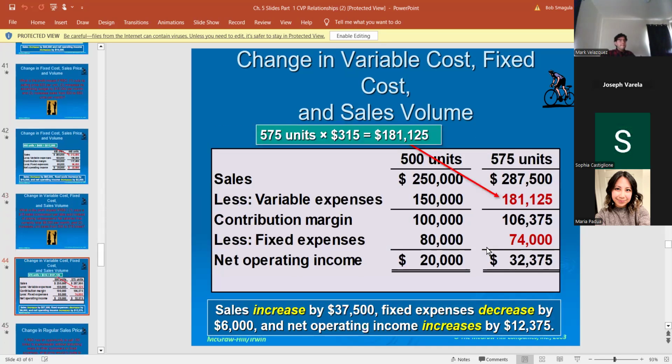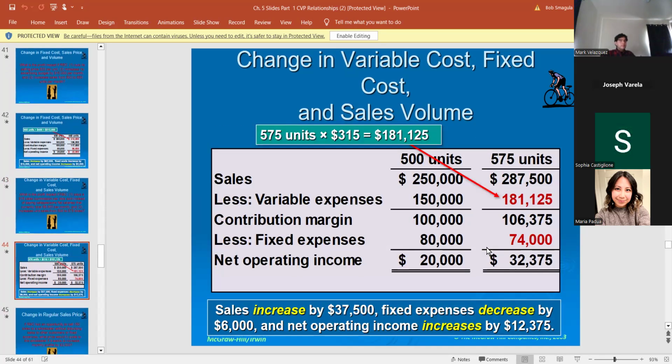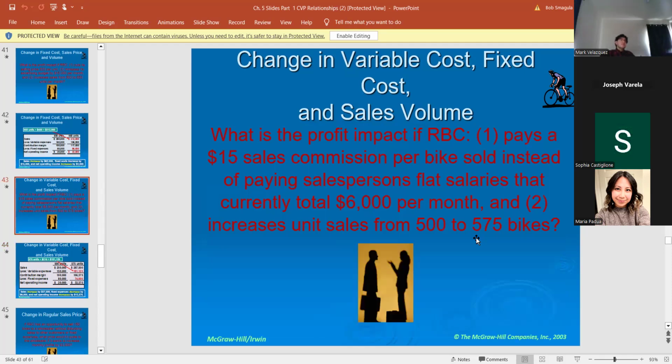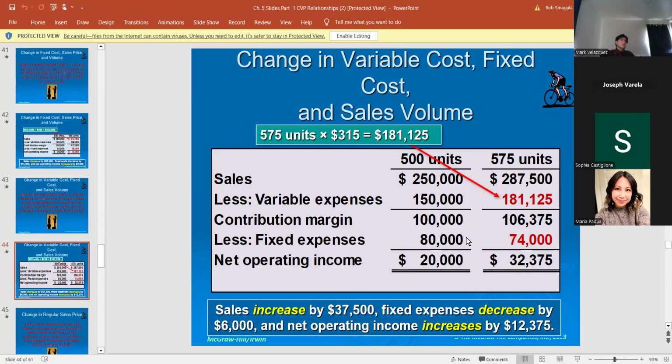Let's take a peek. Well, what did I say? Our variable cost is now 315. We multiply that out, we get 181 here. Remember, we eliminated the salaries of 6,000 from here and increased the sales to 575.